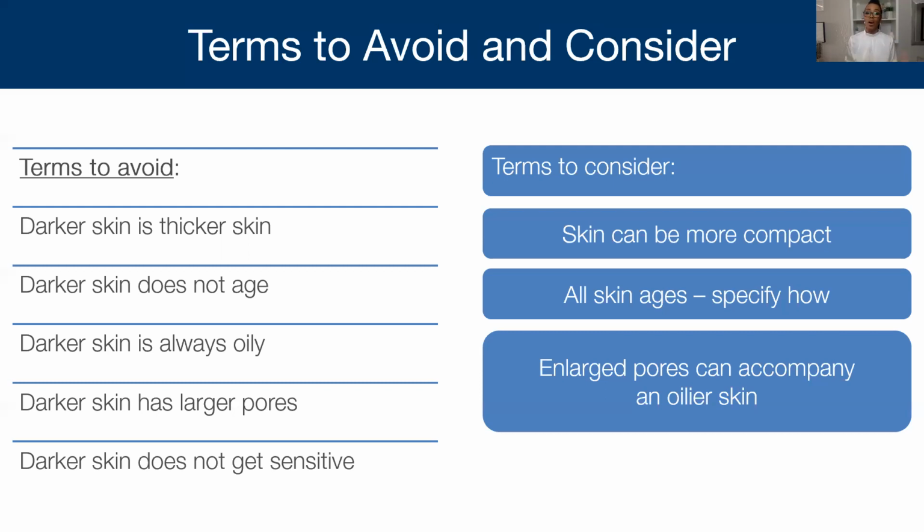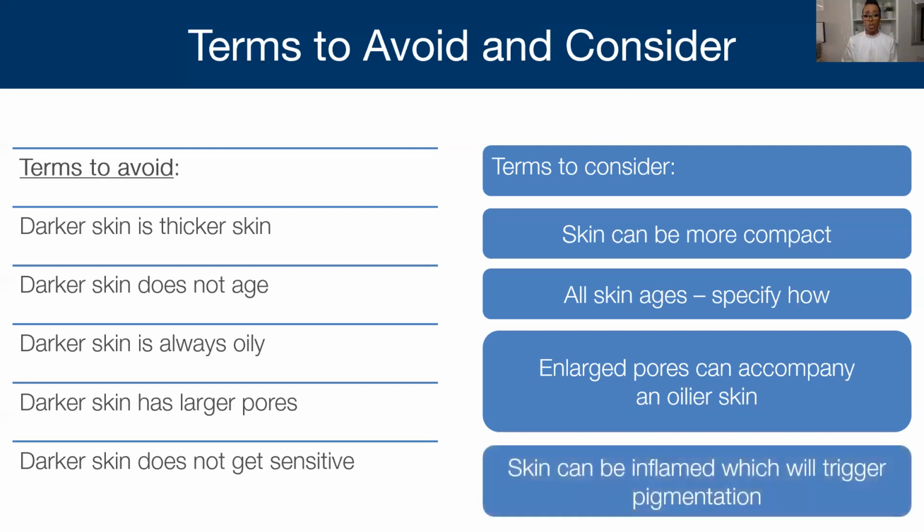And then the last one: all darker skin does not get sensitive. There was a great IG live that you and Karen did a few weeks ago. Amazing, that really delved into this on sensitive skin. That simply is not true. All skin can be sensitive and inflamed and experience characteristics of sensitivity. In fact, we know that with melanin-rich skin, the number one concern right across the globe always stems right back to hyperpigmentation.